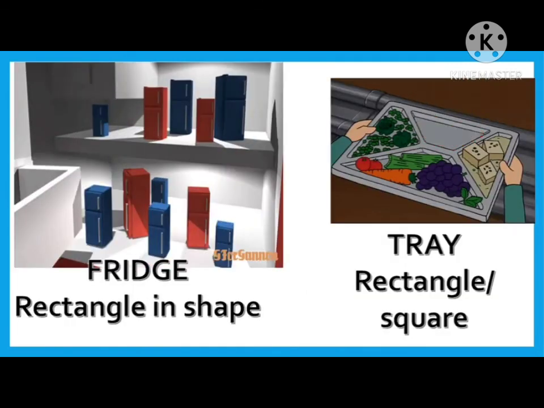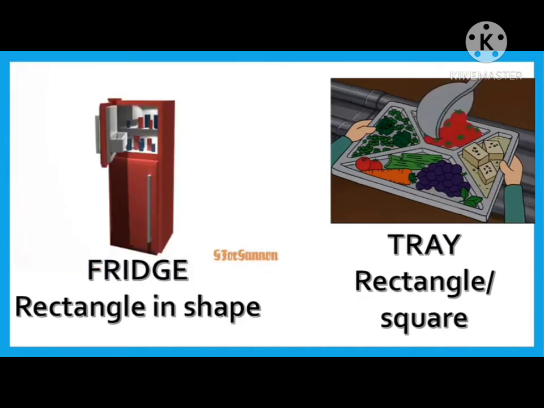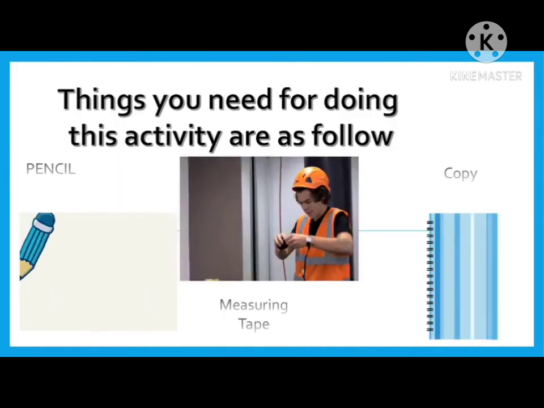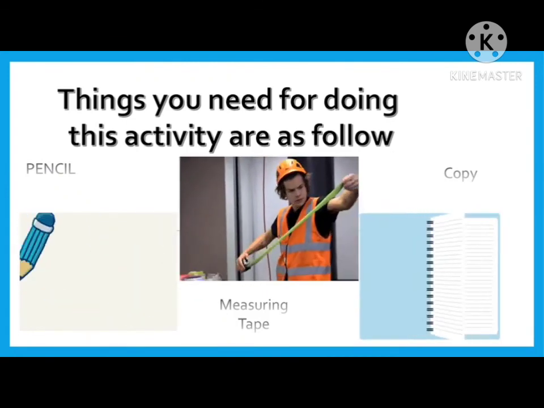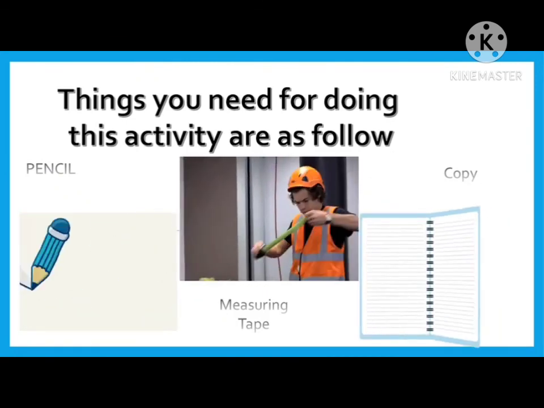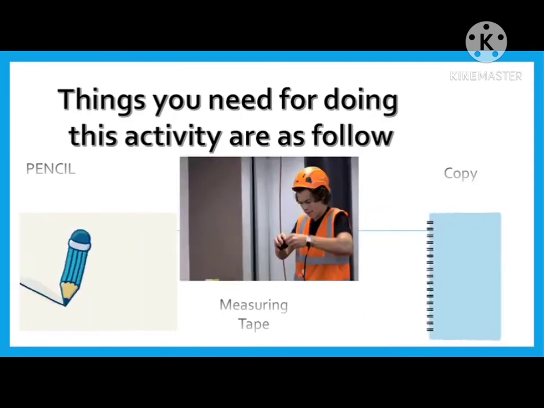Similarly, a fridge is rectangular in shape and a tray or a plate may be rectangular or square in shape. Now, the things you need for doing this activity are as follows: a pencil, a measuring tape, and a notebook to note down the readings that you observe.